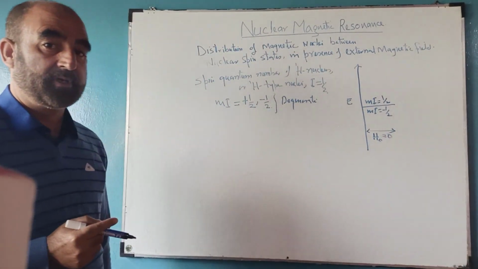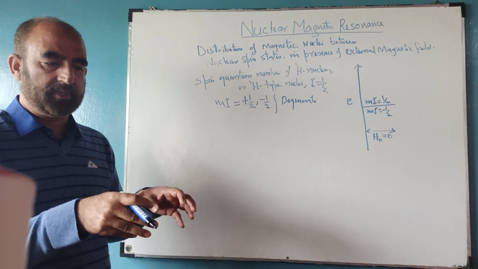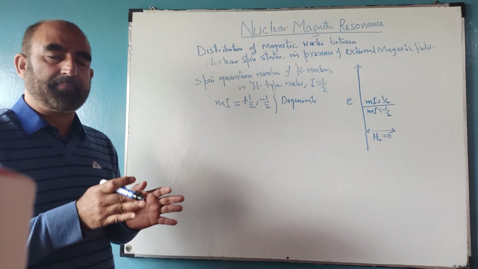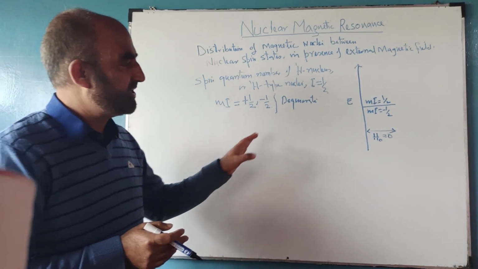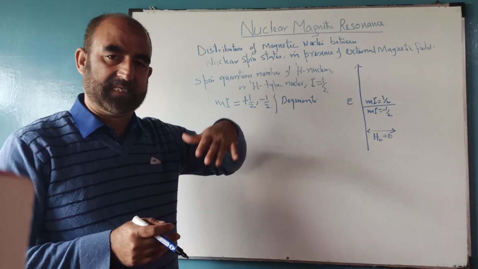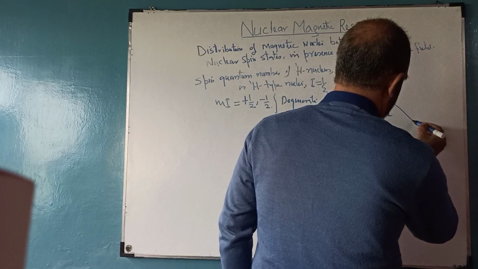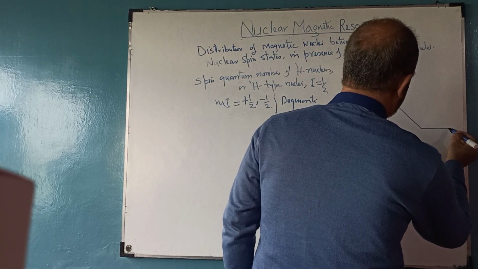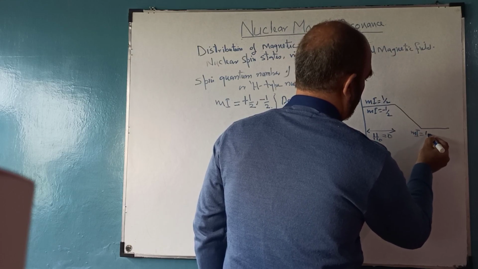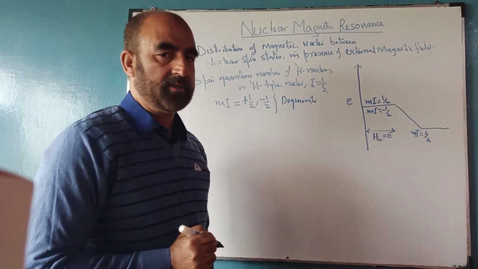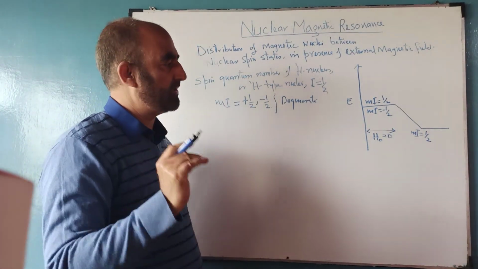So what happens when we put the sample in an NMR instrument and apply the external magnetic field? When we apply the external magnetic field, the degeneracy of these two spin states is lifted, and the energy of the spin state corresponding to Mi value plus 1 by 2 decreases with increasing the magnitude of the applied field.